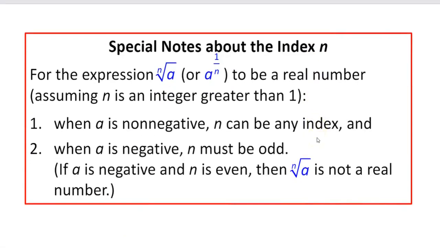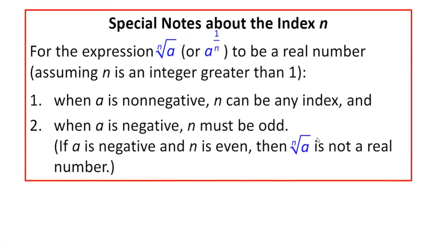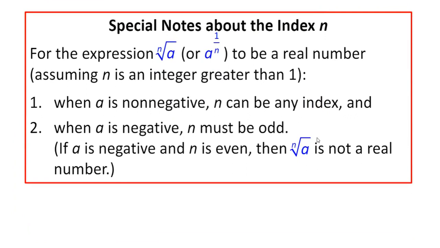Moving on, something very special to realize here. For the expression of the nth root of a, or a to the power of 1 over n, to be a real number, assuming n is an integer greater than 1: when a is non-negative, n can be any index. What it's saying is when this number is non-negative, meaning greater than 0, n can be any number. But when a is negative, n must be odd.